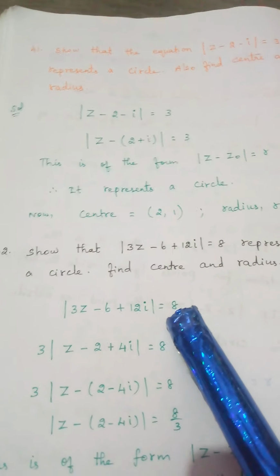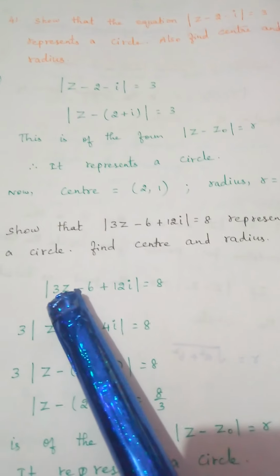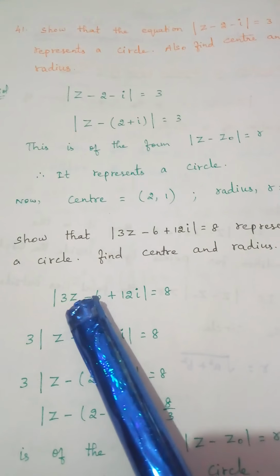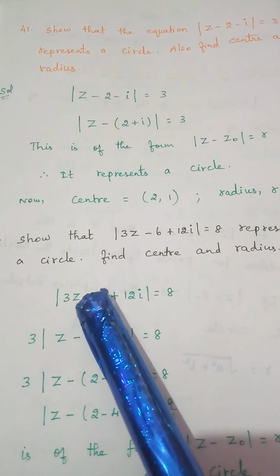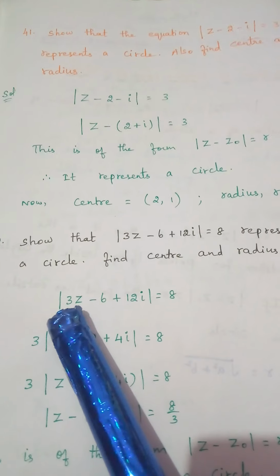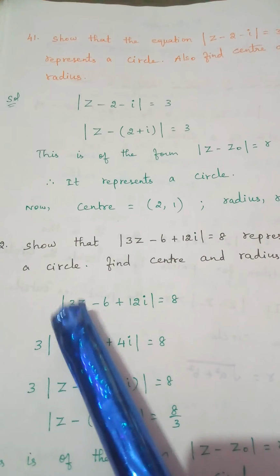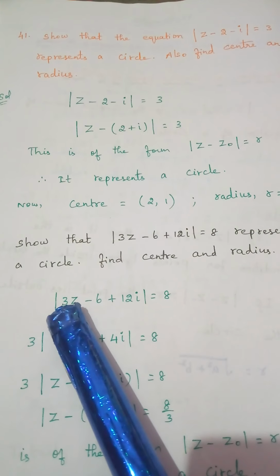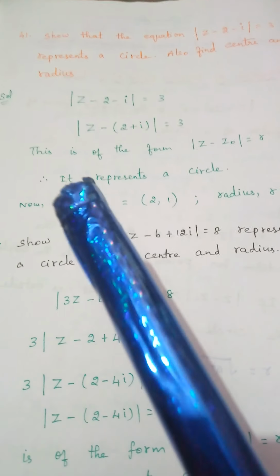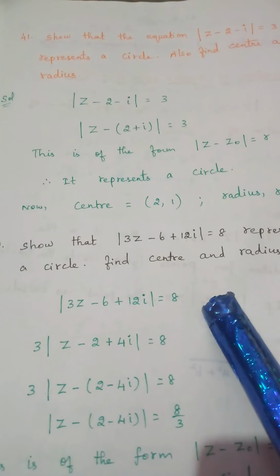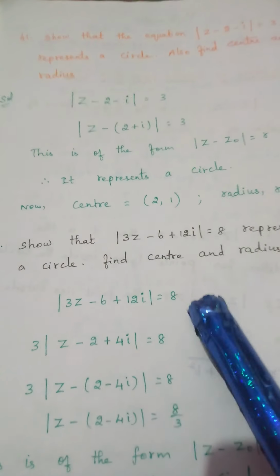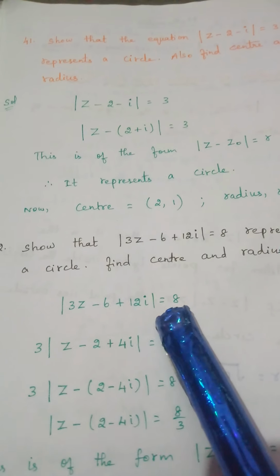After writing the given equation, I am looking at z. z is not separately present. With z, who is present? 3. I don't want this 3 because the circle equation is nothing but modulus of only z minus z naught. With z no coefficient should come.